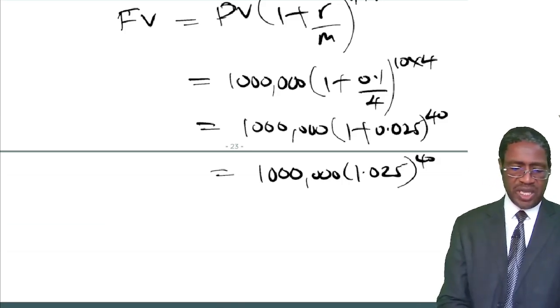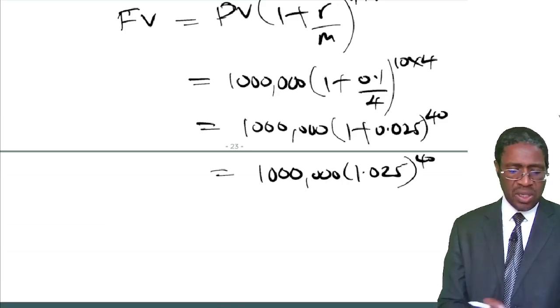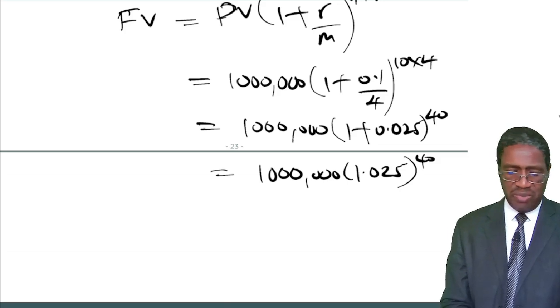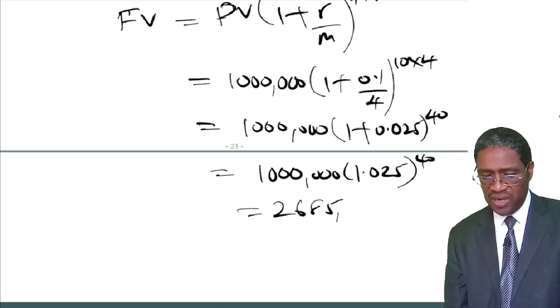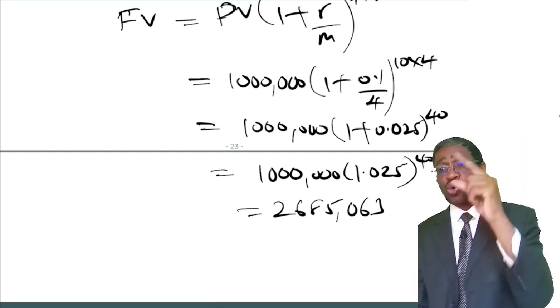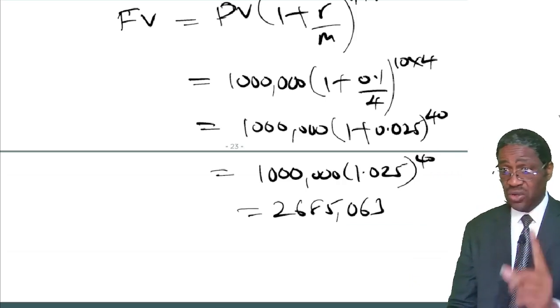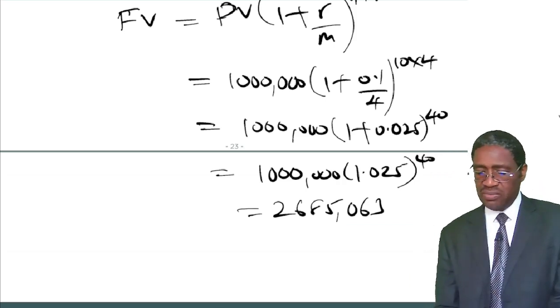Let me multiply that. If I multiply that by 1 million, this will become 2,685,063. So if you are earning interest quarterly, after your 10 years, your 1 million will become 2,685,000.